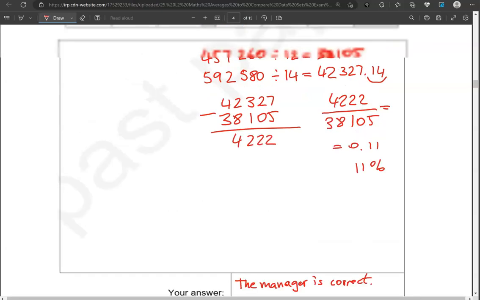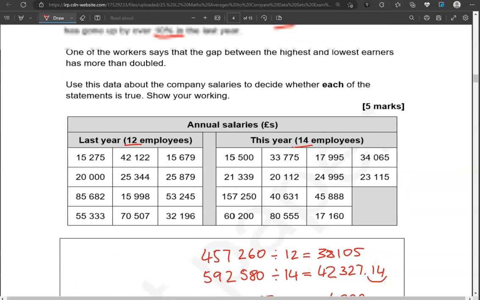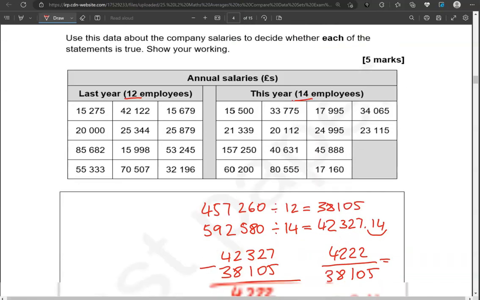We still have this other part that relates to the range, so the highest and the lowest earners. Let's check that as well.